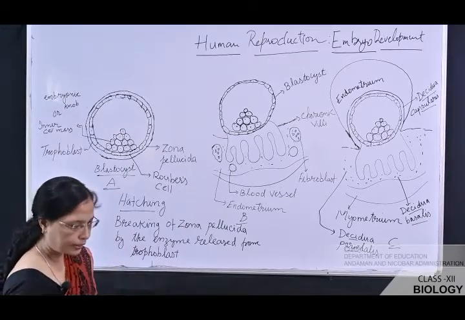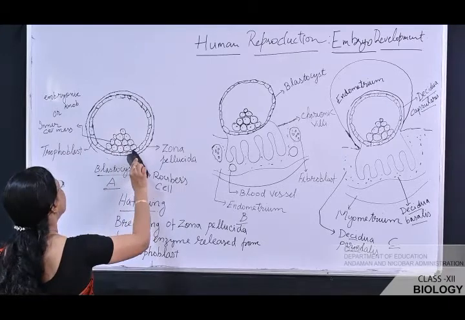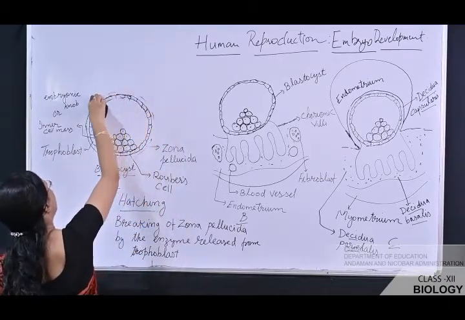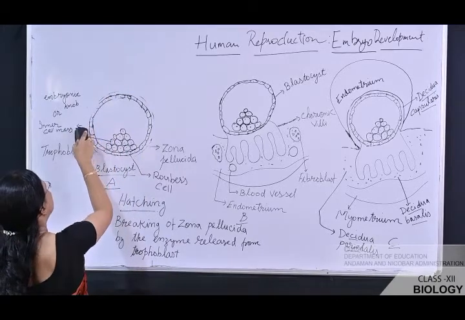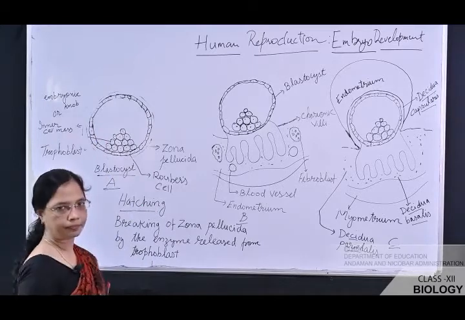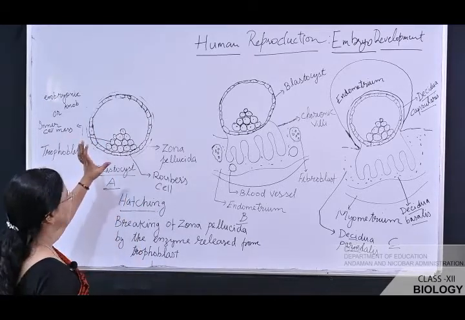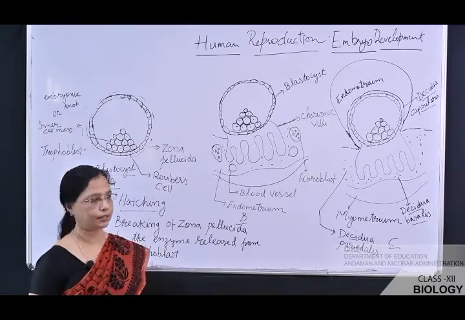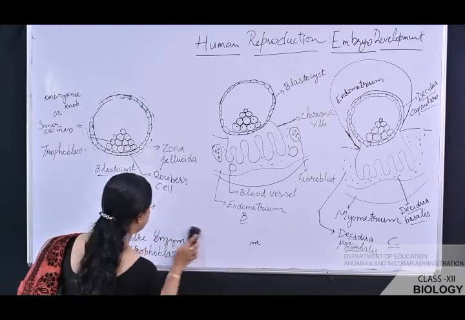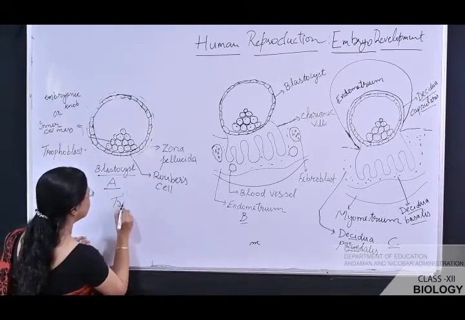Now what happens after hatching? This zona pellucida, this membrane, gets dissolved. Now the zona pellucida is completely dissolved, and then what happens? The trophoblast has certain characteristic features. What are the characteristic features of the trophoblast? Let us see one by one. First, they are sticky in nature.